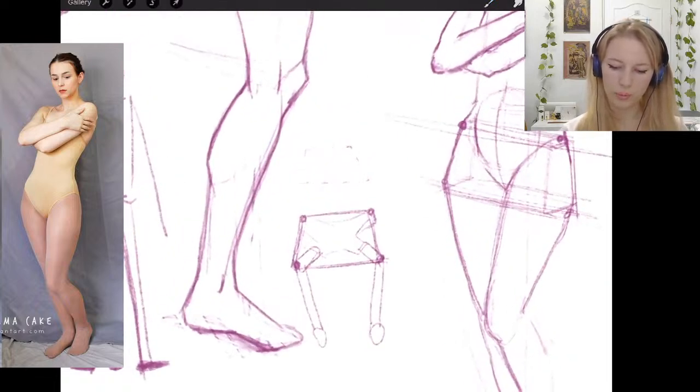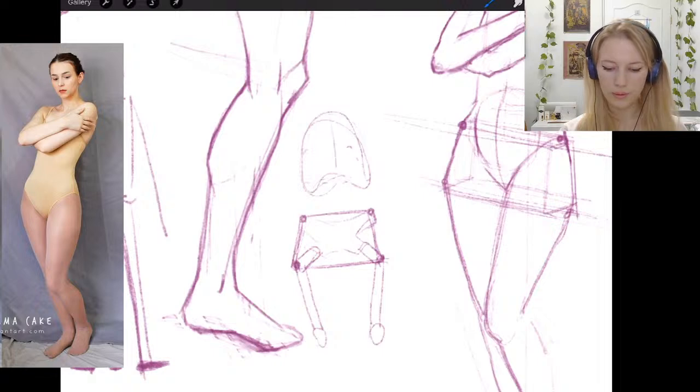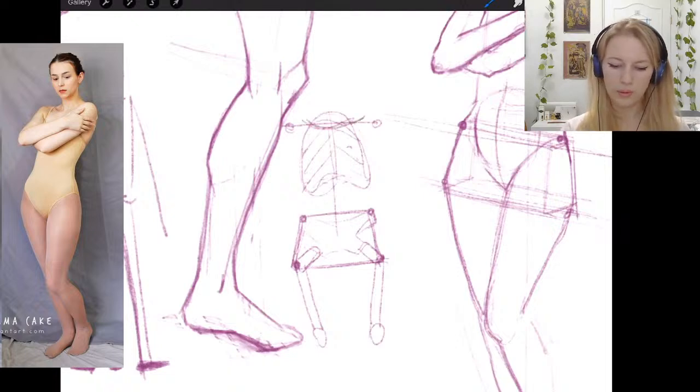For instance, if we just continue to draw the skeleton, it looks like this in the upper part. There is this. Then there are the head and all this stuff.